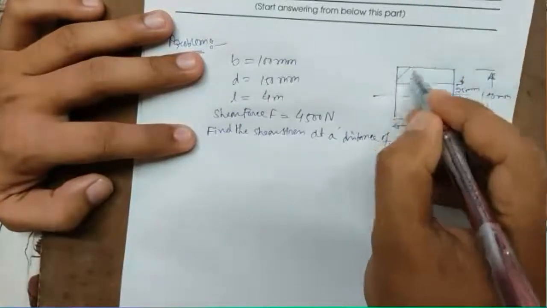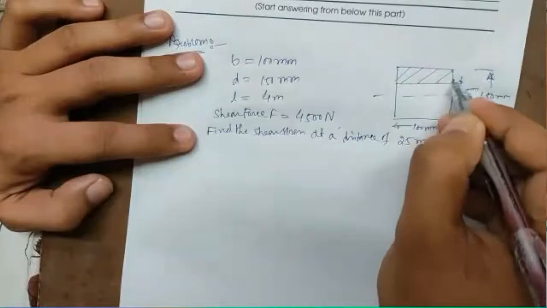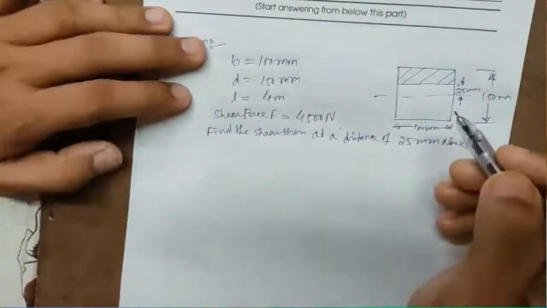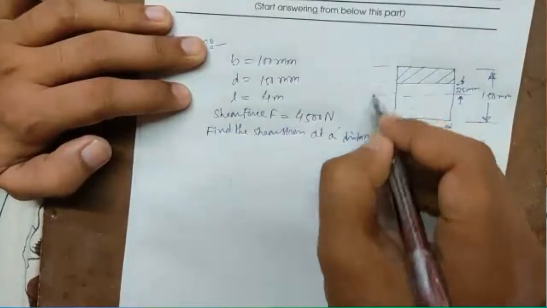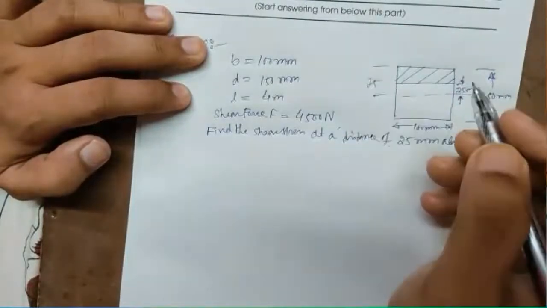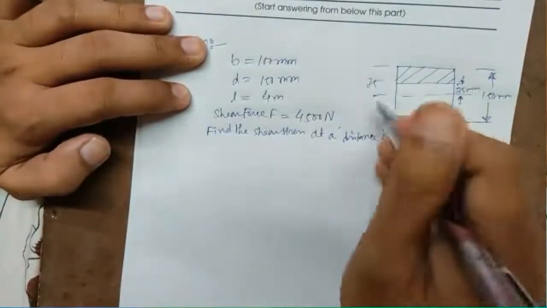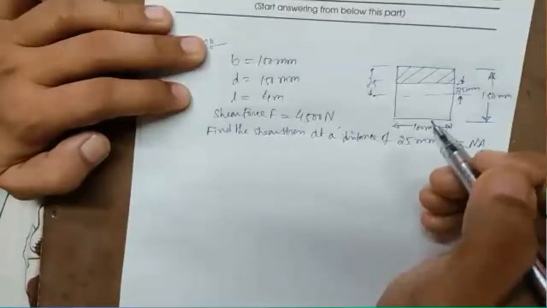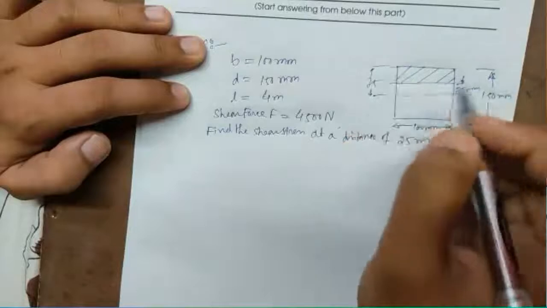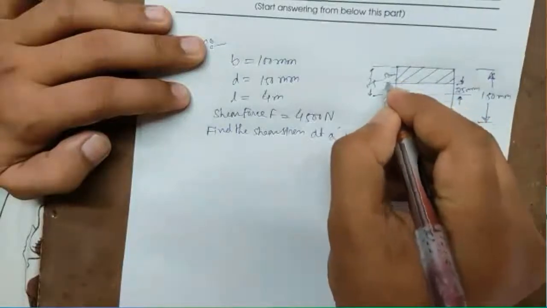So now you can hatch out the area. This is 25, that means this is 75, 150 by 2, this is 75. So now this much is 50 mm.